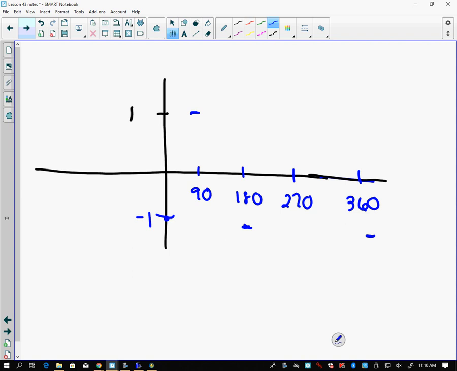Does that make sense? All right, so if I draw those lines, now I know where I'm going up to and when I'm coming down, and I can make that curve a little bit better. So I'm getting something that looks like that. All right, does that make sense?